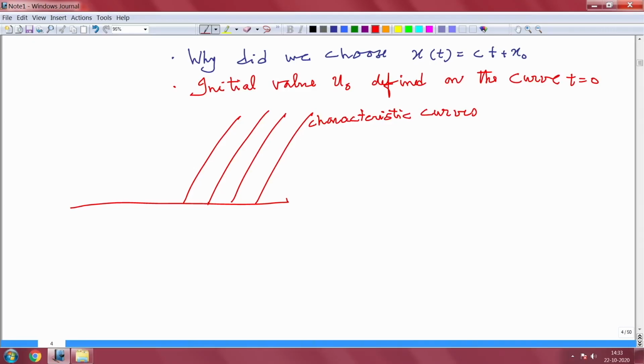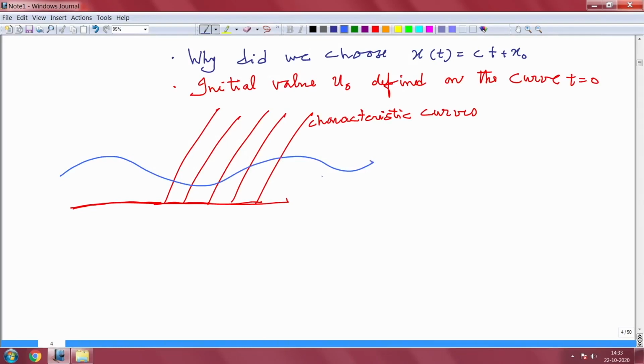Okay. And then in the previous problem I defined initial values along this, but that is not necessary. If you look at it, I can define another initial curve. I can define an initial curve like that.